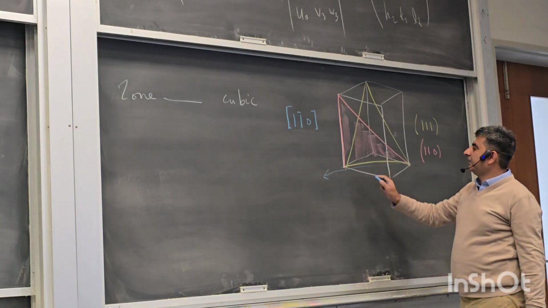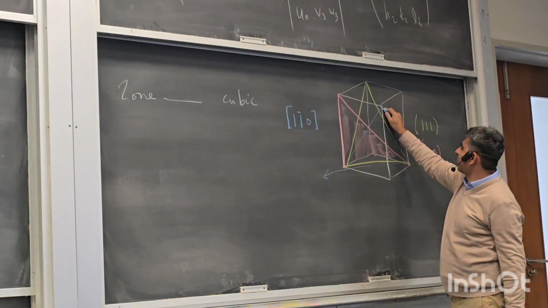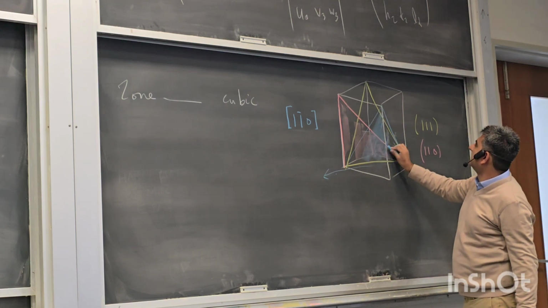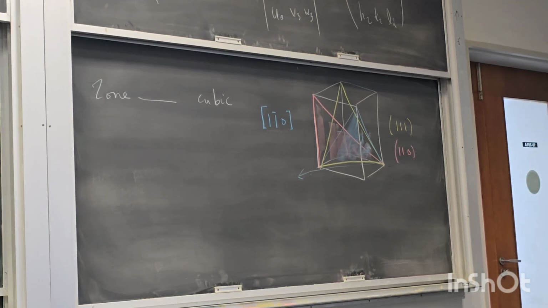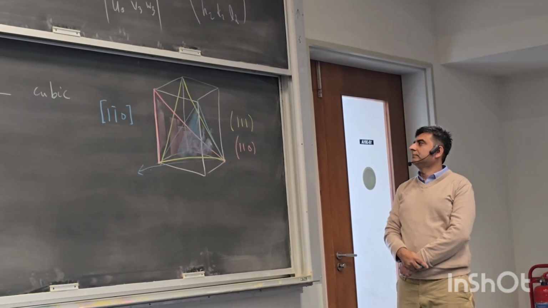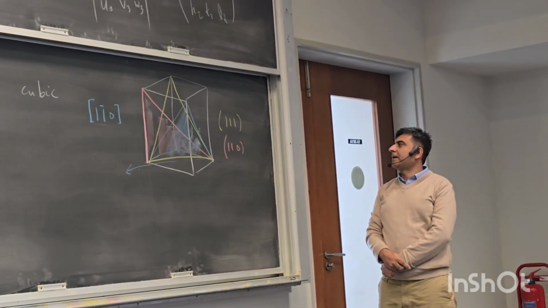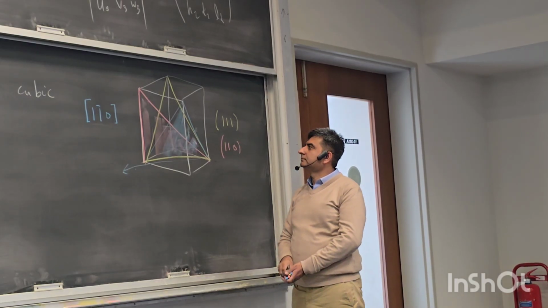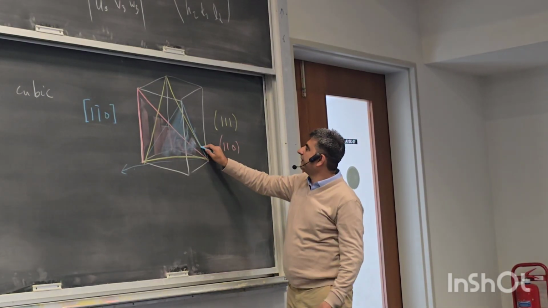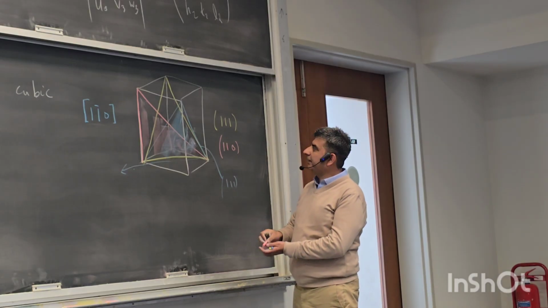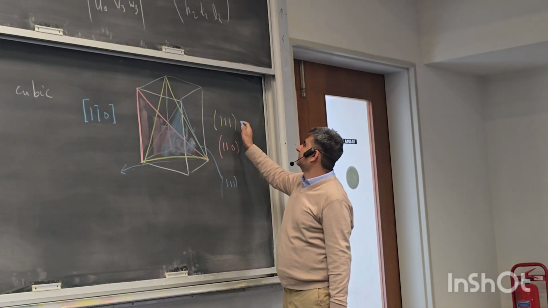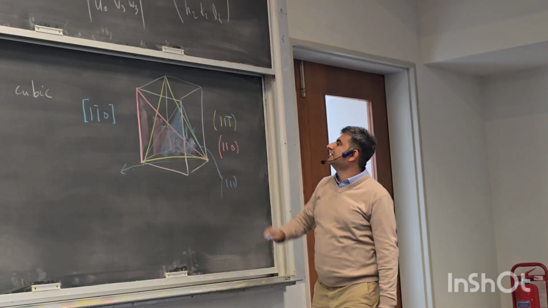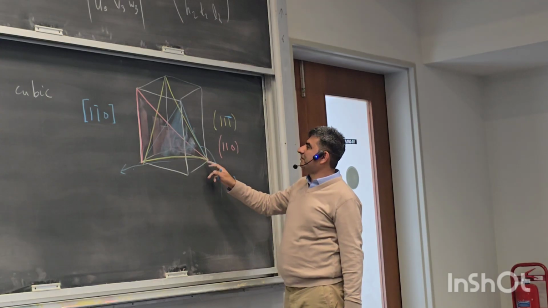You can draw yet a third plane, which is this particular plane. So what is this? This particular plane is 1, 1, 1, and the yellow plane is 1, 1, 1 bar. Okay? So you have to make that distinction.